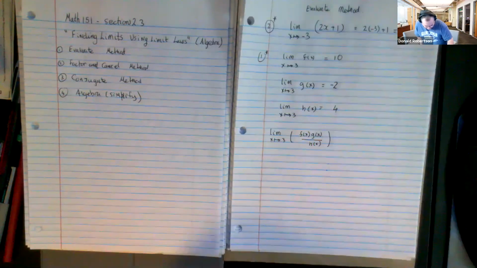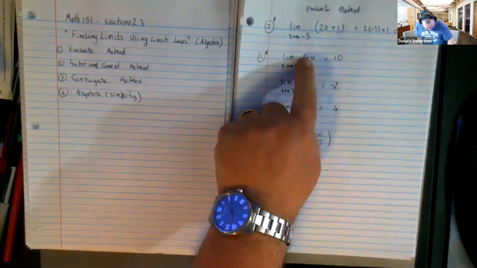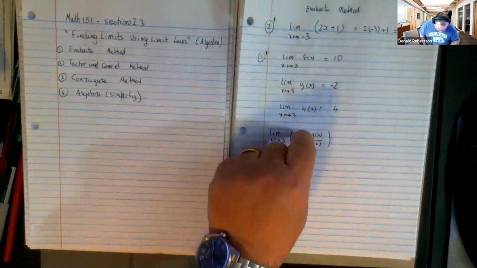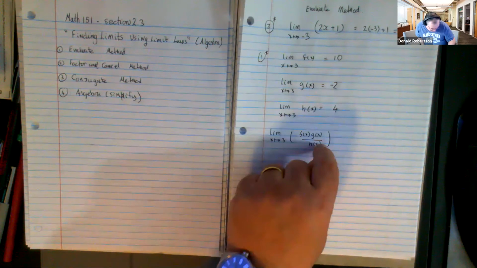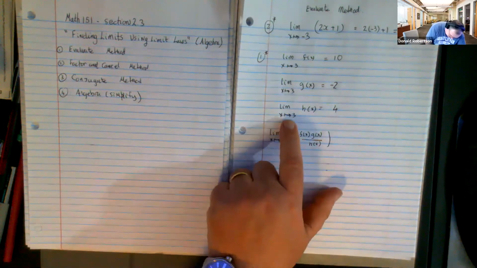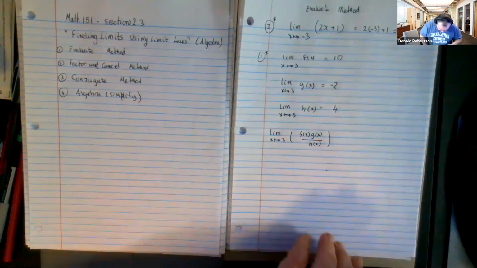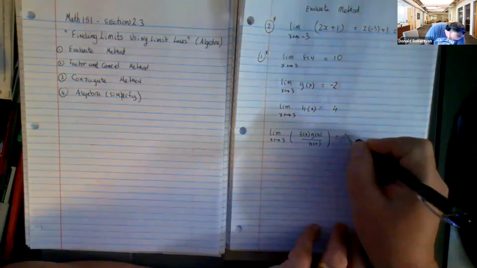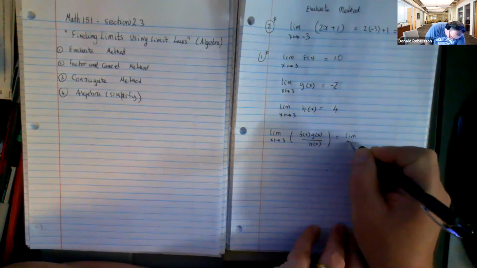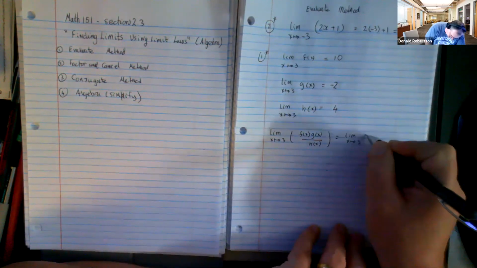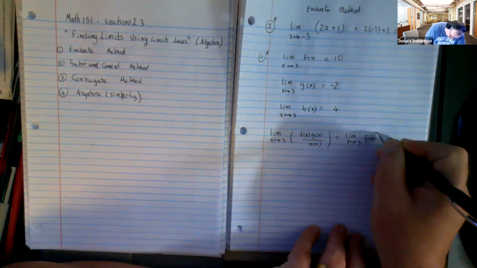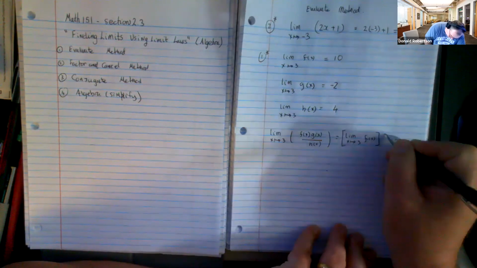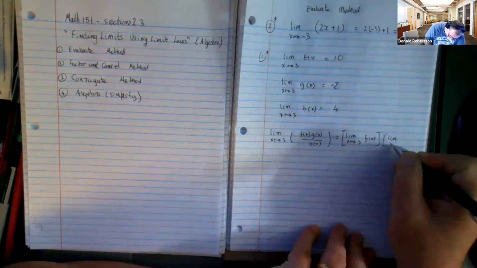Imagine that was a function, this was a function, this was a function, and you multiplied the first two and you divided by the third, and you wanted to find their limit as x tends to 3. According to the laws of limits, I'm normally not going to write this down because it takes too long. You are allowed to find the individual limits and do the same calculation.